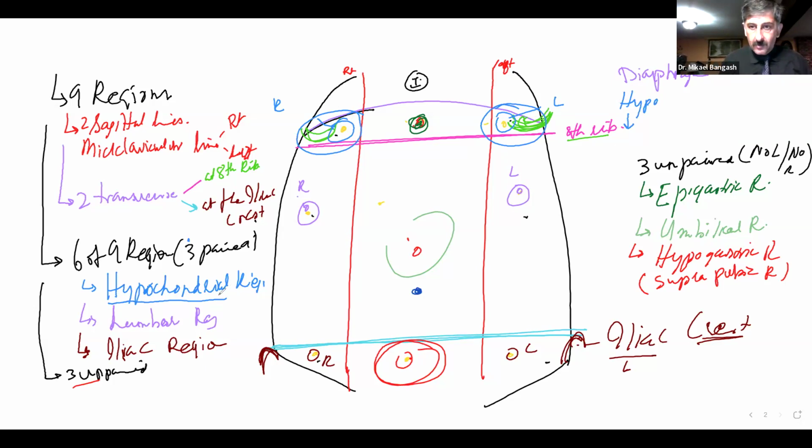The -ial is just pertaining to. But what we see here is chondr, which means cartilage.